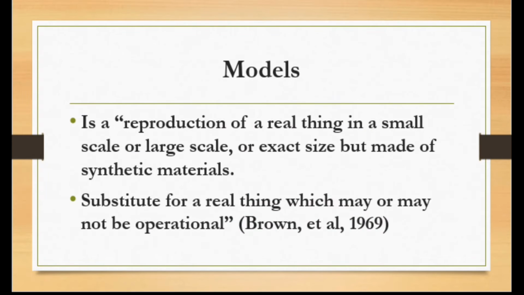First is models. A model is a reproduction of a real thing in small scale, large scale, or exact size, but made of synthetic materials. It is a substitute for a real thing which may or may not be operational.